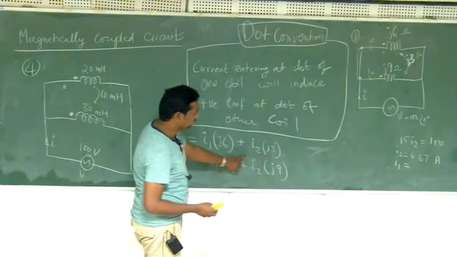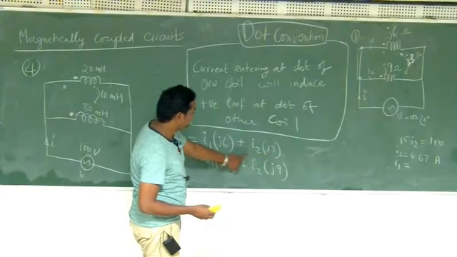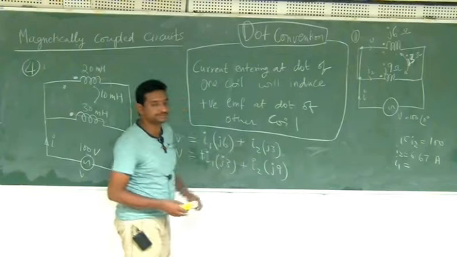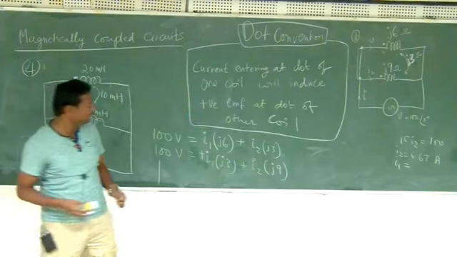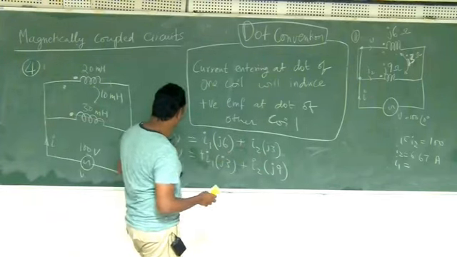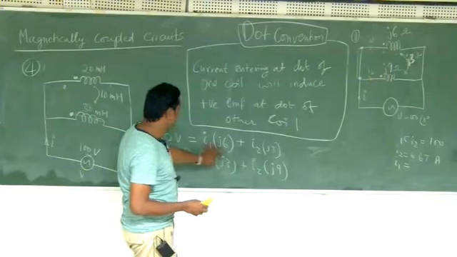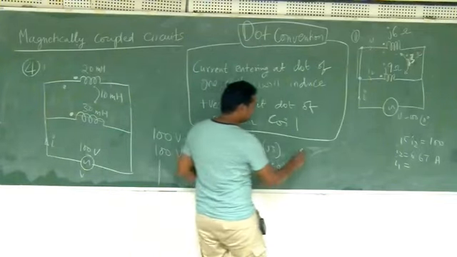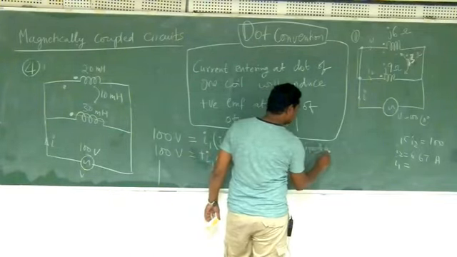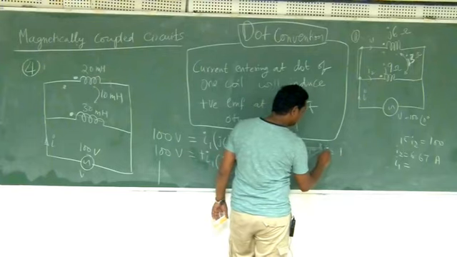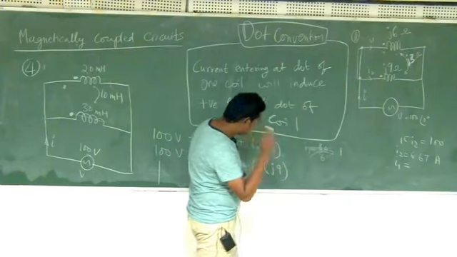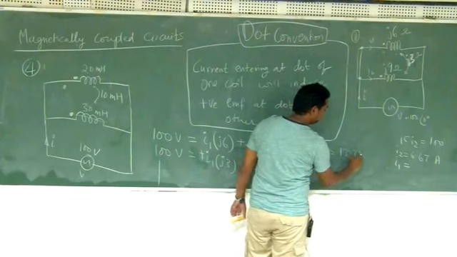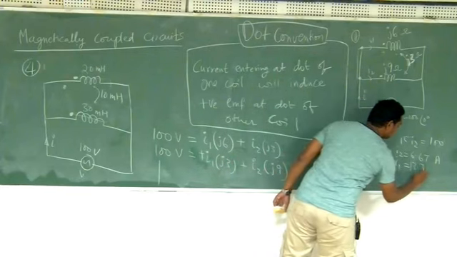So 5 times 500 means 20 times, so the 20 will separate from here, 80. 80 by 6. So I1 will be 80 by 6. So it will be 13.33. So I'll write it here.